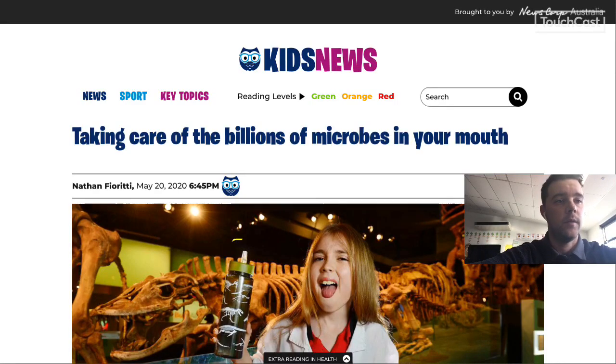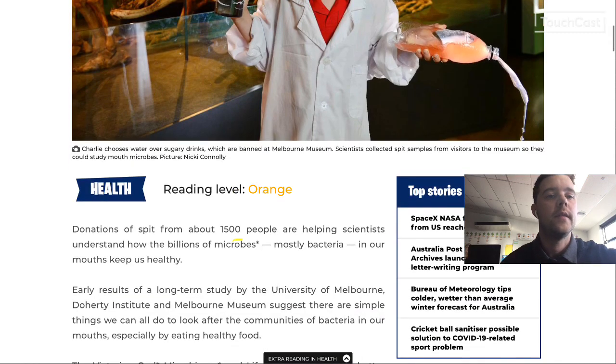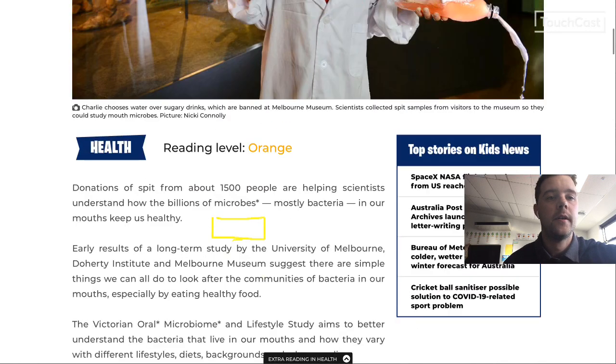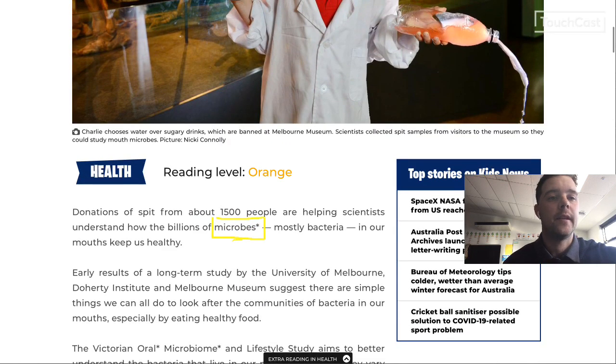So this is the article we're going to look at, taking care of the billions of microbes in your mouth. So this seems sciencey, doesn't it? As we go through, and I know we've used Kids News before, you'll notice that the author signals to us that we might be coming across a tier 3 word like microbes by using an asterisk.